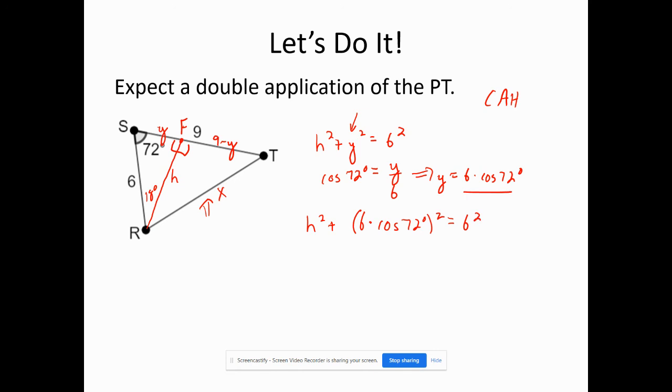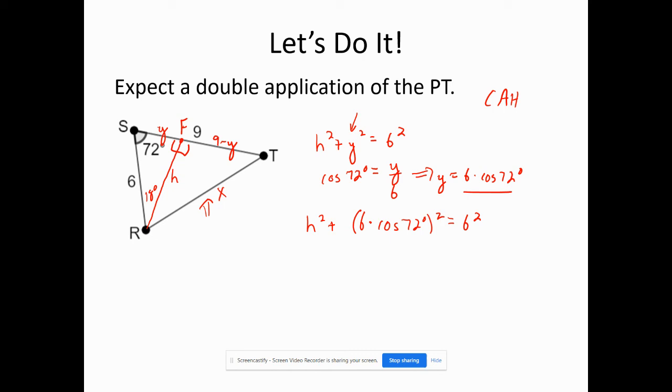And I can solve that for h. I'm not going to take the time to do it, but it's not hard at this point. h is the only variable that remains, so I can solve for h. And then once I get h, I can also get y.